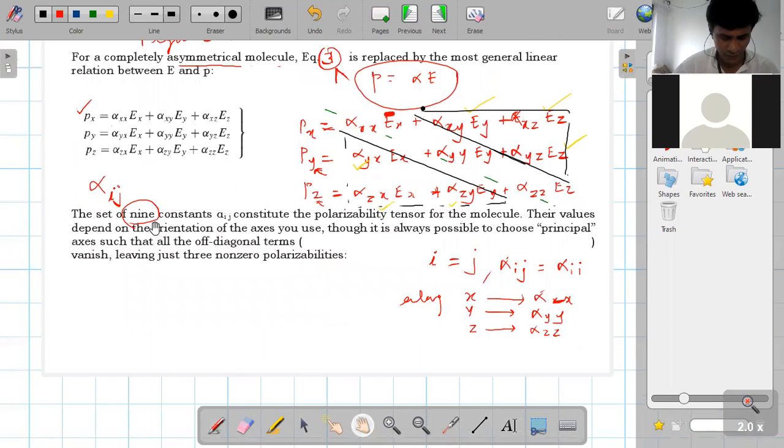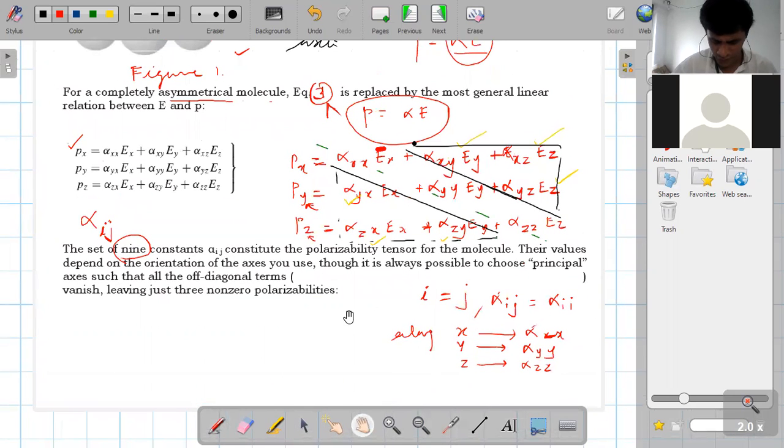And therefore, the set of 9 components constituted P. These 9 components are referred to as polarizability tensor. All these 3 equations are referred to as which tensor? Polarizability tensor. What is the meaning of polarization? I explained in the previous session. Yes or no? And therefore, polarizability tensor consists of 3 basic equations along x-axis, y-axis, and z-axis. Can you write?